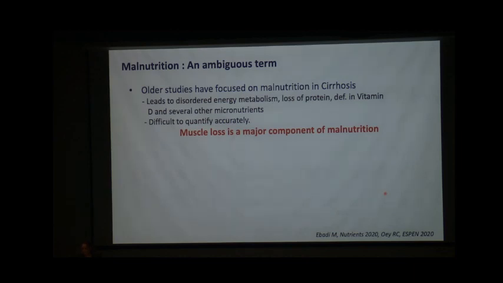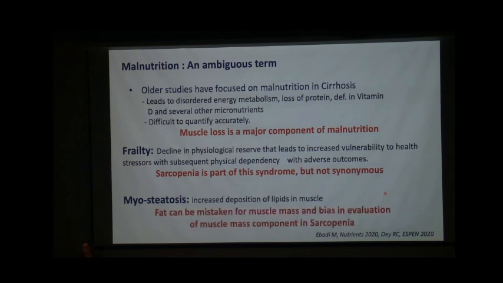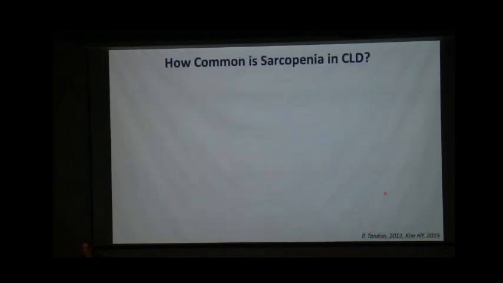Second, which is often used, is frailty, a decline in physiological reserve that leads to increased vulnerability. Sarcopenia is part of the syndrome but not a synonym. Third is myosteatosis, which means increased deposition of lipids in the muscle. The fat can be mistaken for muscle mass and represents an important bias in the evaluation of the muscle mass component in sarcopenia.